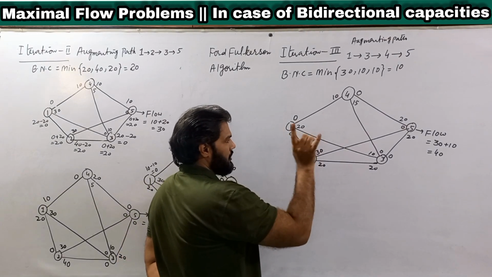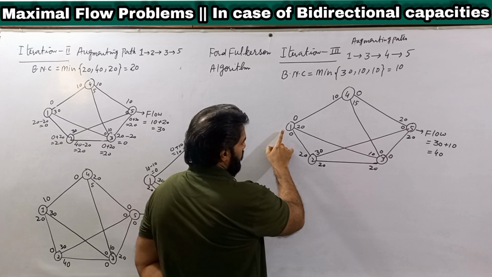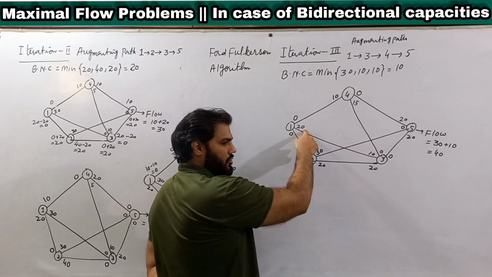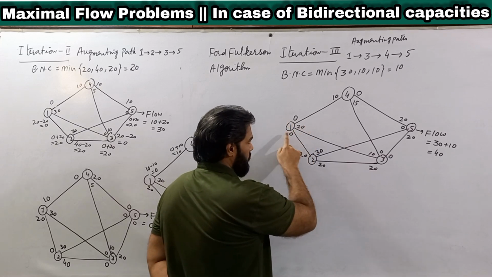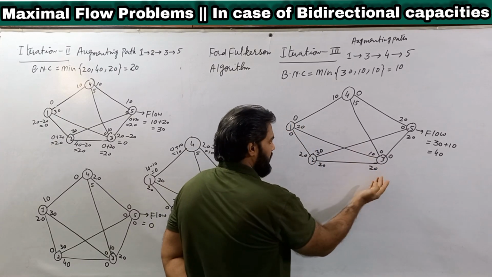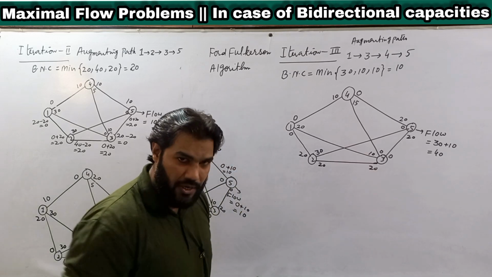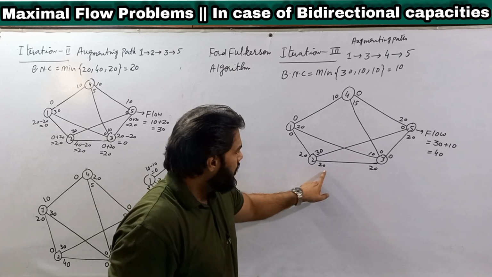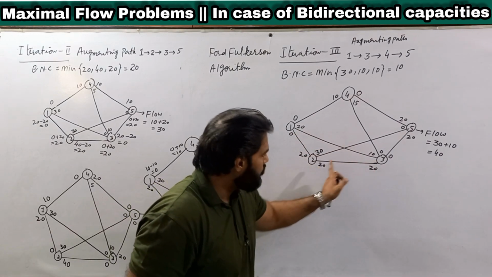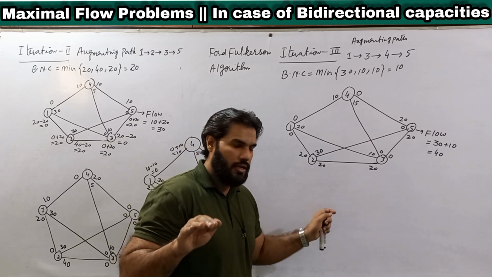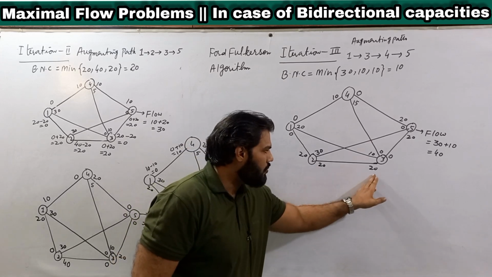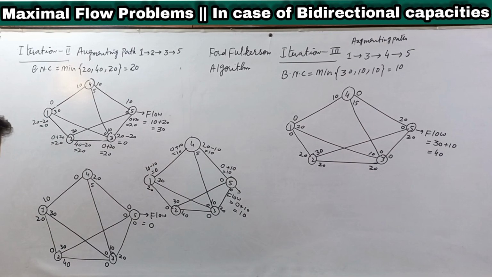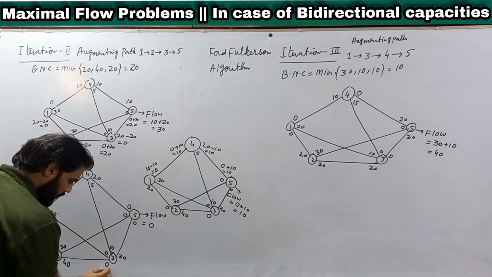Here the augmenting path that I will choose is node 1 to node 3. At node 1 there is a non-zero capacity, that is 10 units. So I will move from node 1 to node 3, then I can move backward from node 3 to node 2, because at this stage you can notice that there is 20 units of flow at node 3, whereas in the initial figure the flow at node 3 was 0.